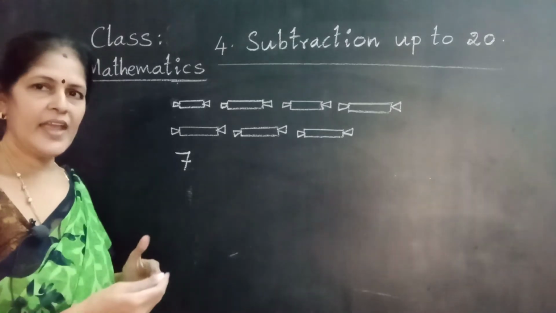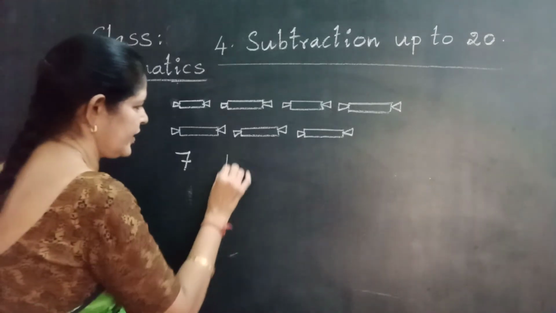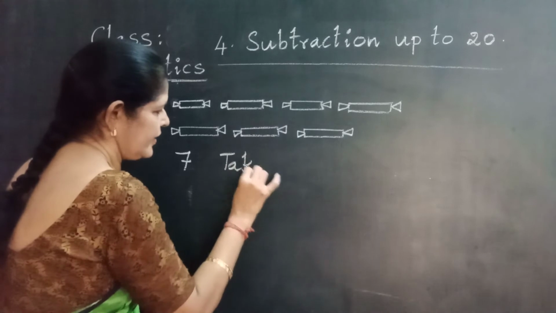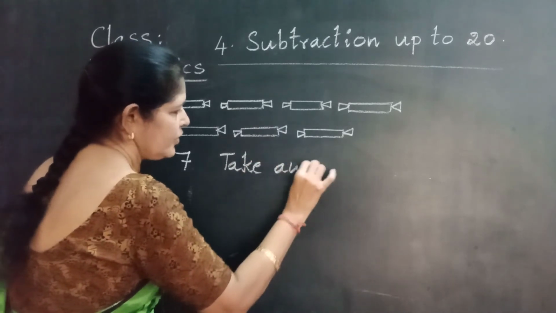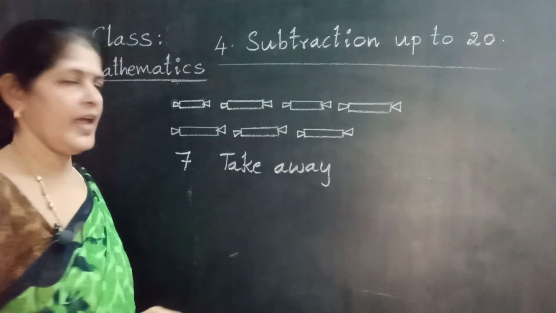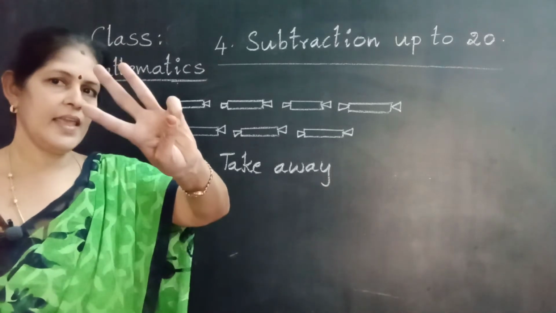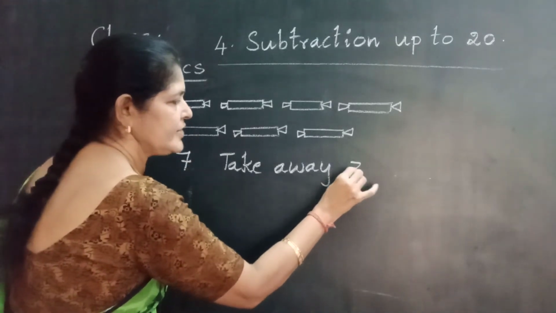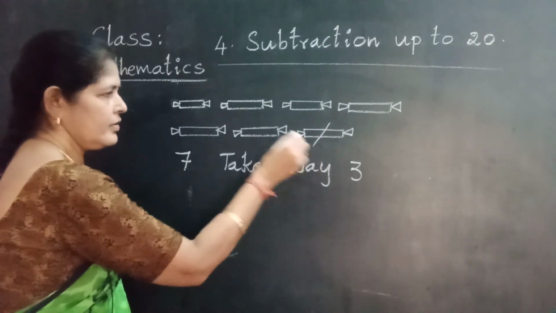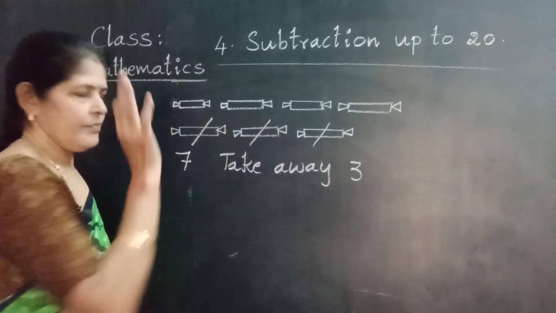Given away, take away. T-A-K-E A-W-A-Y. Take away. How many? 3. 3 chocolates. 1, 2, 3.